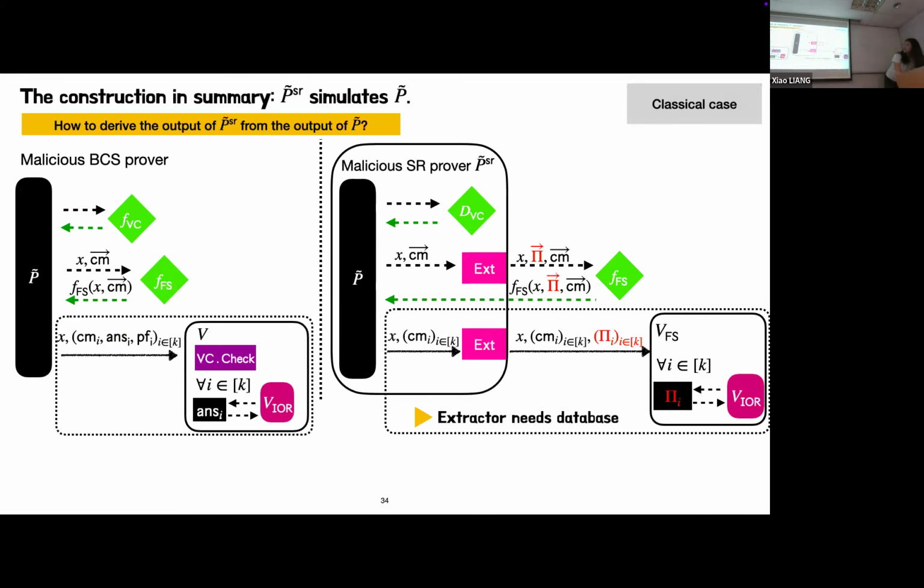It's how you're answering: in the BCS verifier and in the FS verifier, they're both simulating the IOR verifier, but they're answering its queries differently. This one is answering it directly with whatever the BCS prover outputs. But here we are using the extracted proof string to answer.